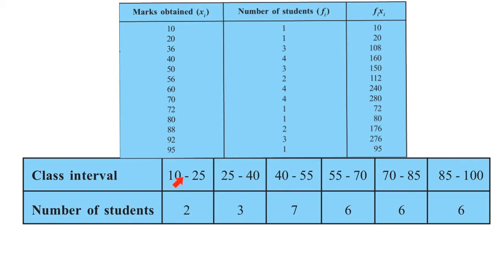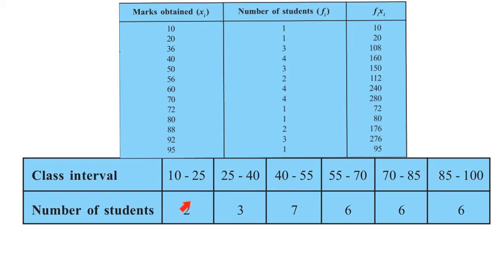So the midpoint of each class, which is also called the class mark, can be chosen to represent the observations falling in that class. So the midpoint will be the representation chosen for that class.